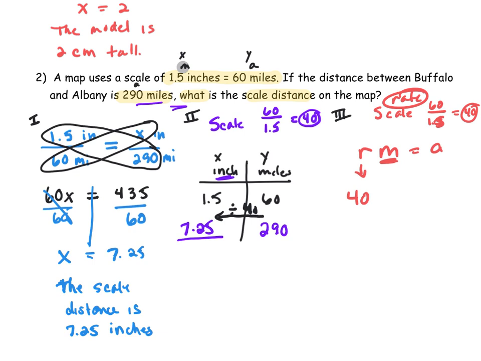It's the model, and we don't know the model measurement, so I'm going to use x in this case, but we are given the actual. We're given 290. So once we have this set up, we're going to divide by 40 on both sides, and since we just did that right here, we divided by 40, we have x equals 7 and 25/100.